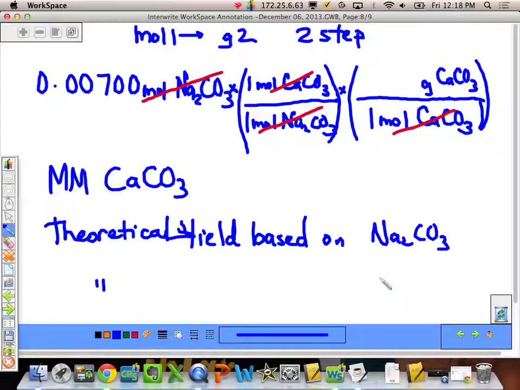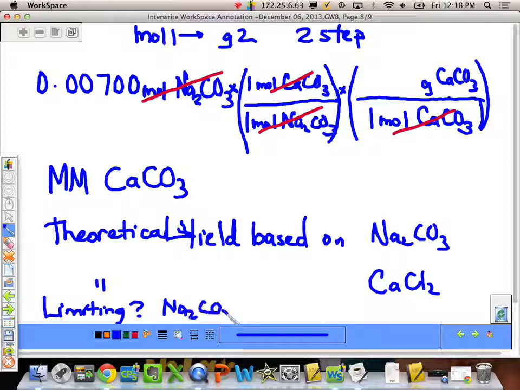Then I have to also figure out the theoretical yield based off of my other reactant, which is the calcium chloride, CaCl2. Once I know both of those, I can figure out which one is limiting. So is it the Na2CO3 or is it the CaCl2? And then whichever one was limiting, I'll pick that as my theoretical yield.